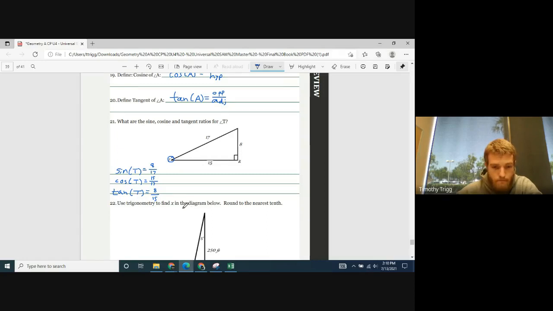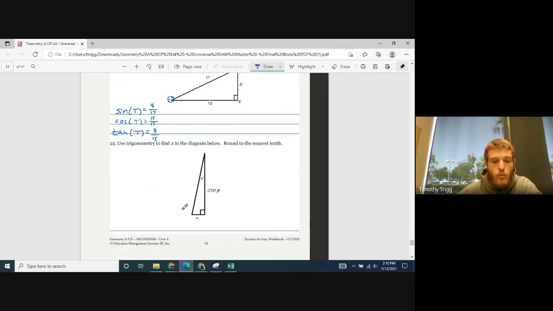All right. For question 22, we're going to be using one of these trig functions to help us find the measure of x here. So you notice the angle that they give us is up here. That's what they're trying to show us, that this angle is 5 degrees, and we're trying to find x.